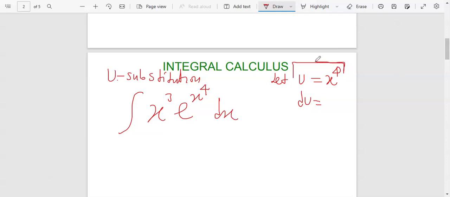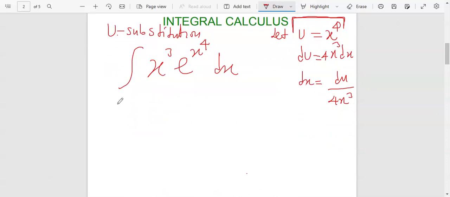If you differentiate it, what are you going to get? Okay, 4x to the power 3. Don't forget to put dx. And then from there I need to make dx the subject of the formula. So dx is going to be du divided by 4x to the power 3.